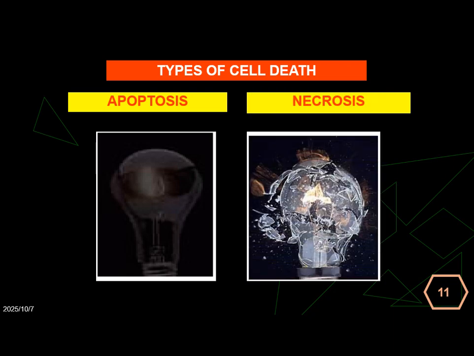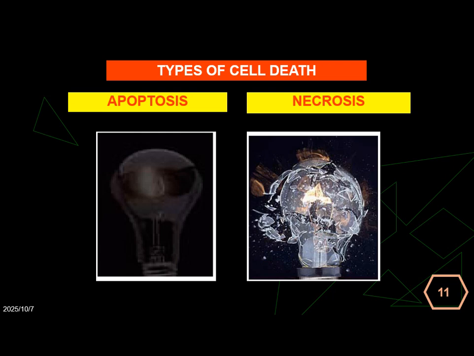If we talk about morphological change, think of these two as a light bulb with a tungsten filament. Apoptosis is like the filament getting thinner and broken. When the filament gets thinner, the energy for the bulb gets smaller. So the dying happens gradually, and at the end of the death, the whole bulb is not working anymore.